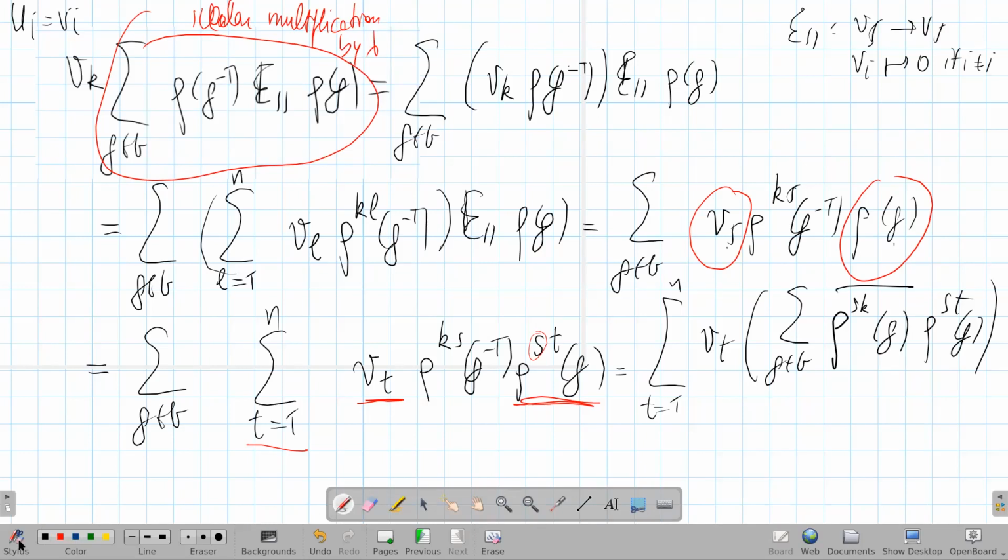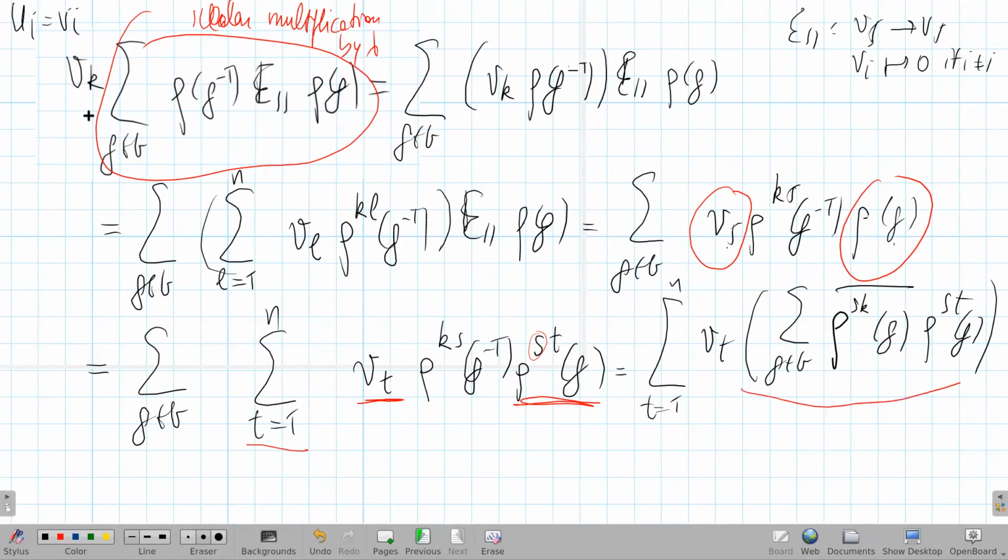So the point is that this coefficient will be 0 for all t different from k, because since this is scalar multiplication, the only non-zero coefficients you obtain by applying it to vk are the coefficients of vk, since it's on the diagonal. So if t is different from k, then that is 0.